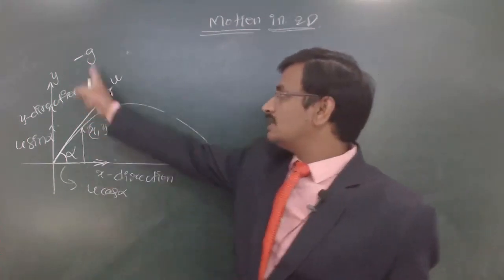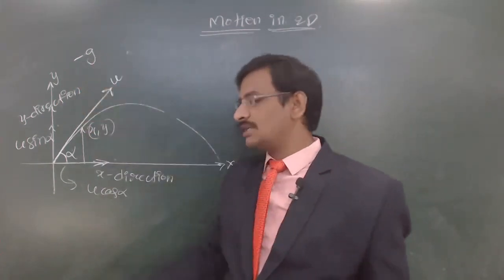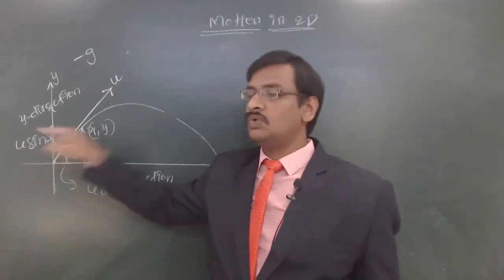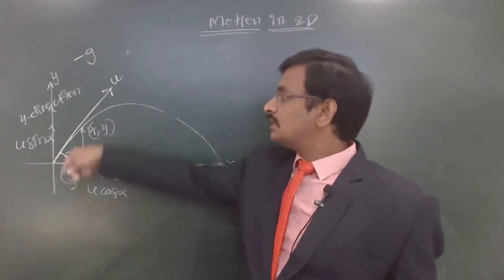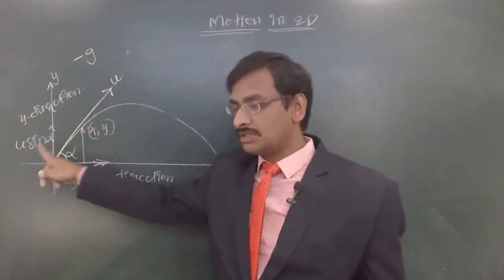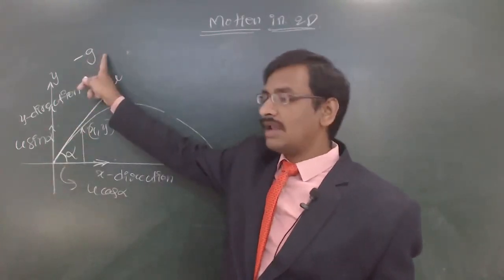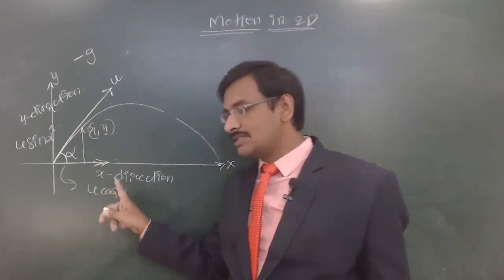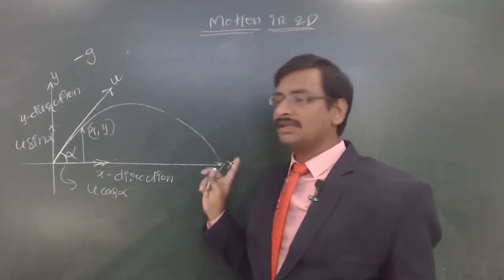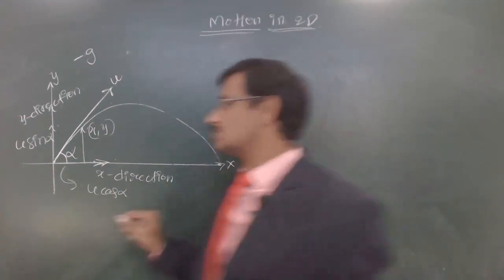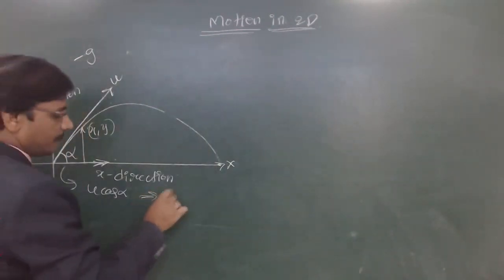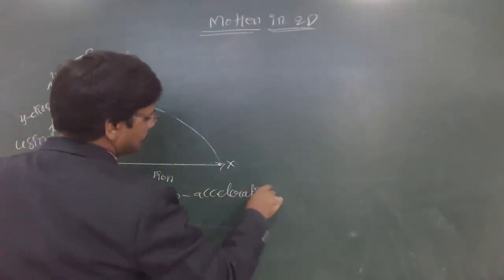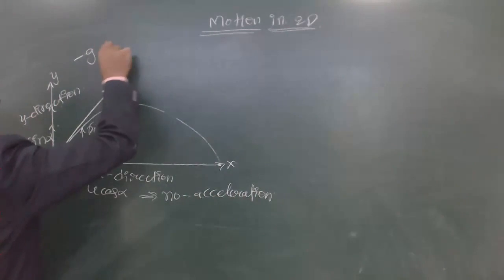That means this acceleration is nothing but the force dragging towards the ground, which is against the velocity I have given, u sin alpha. Hence, the vertical motion has an initial velocity of u sin alpha and an acceleration of minus g. But in the horizontal direction, I have given an initial velocity of u cos alpha and no acceleration is there. So this is a no-acceleration motion, horizontal. And here, acceleration due to gravity.